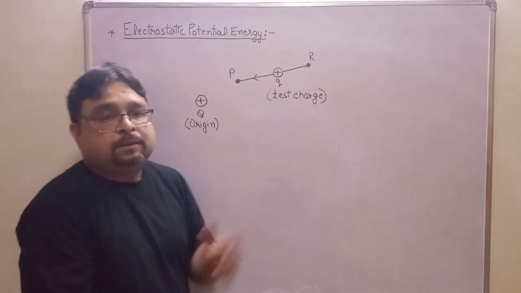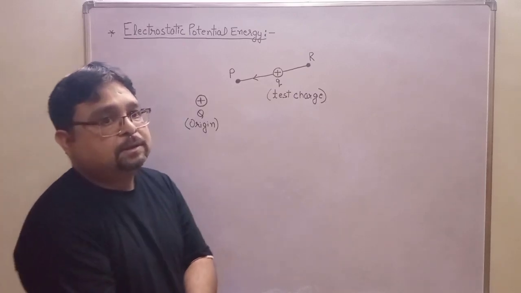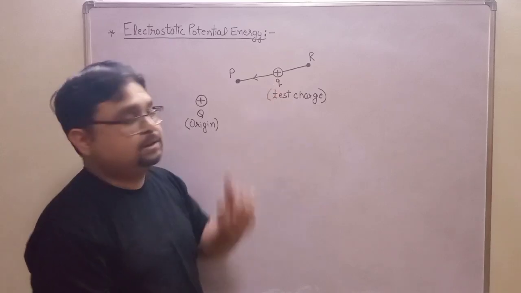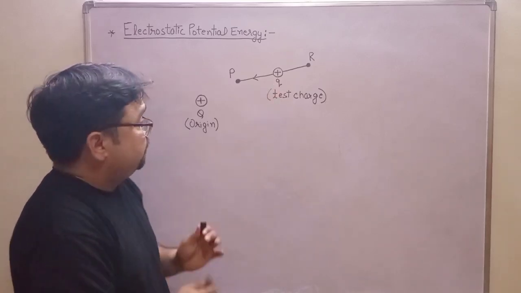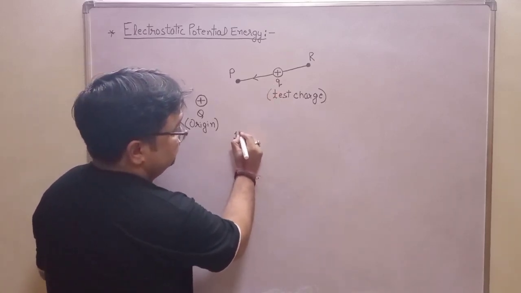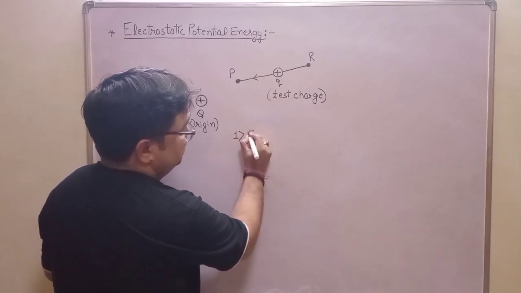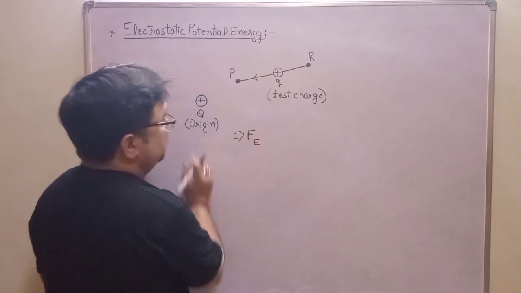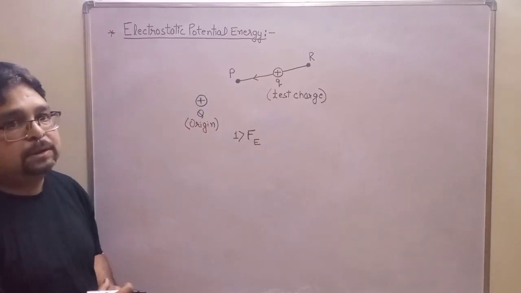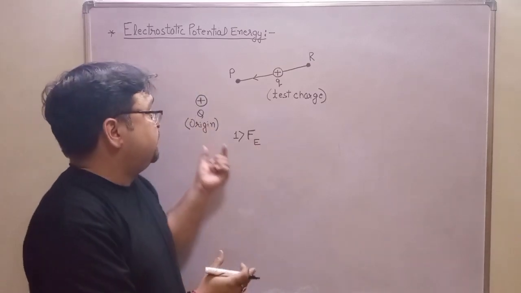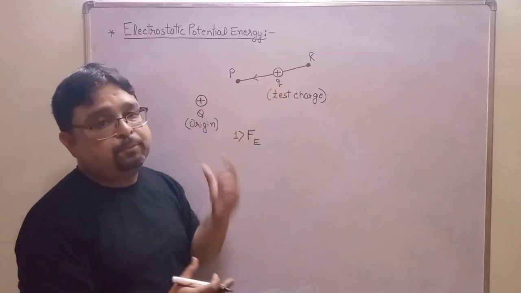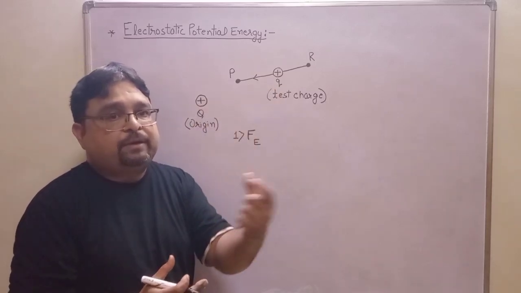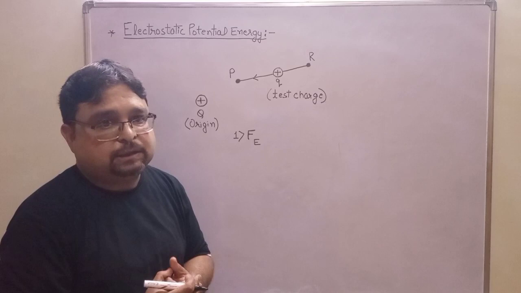In this situation, there will be two forces acting on this test charge. First force is due to the electric field of this capital Q charge. We know that whenever there are charges of same polarity, they will try to repel each other.